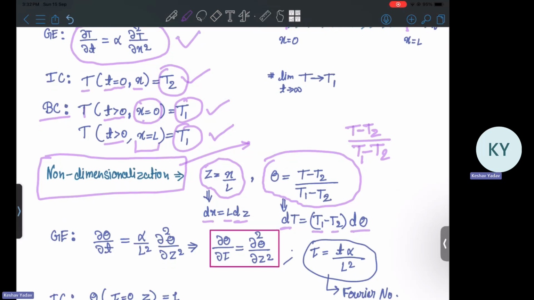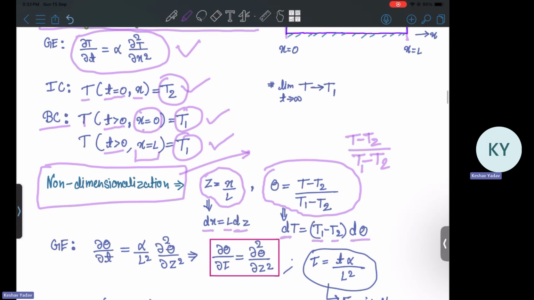Okay. If we put that, so suppose I am writing, del T upon del t will be equal to (T1 minus T2) del theta upon del t.